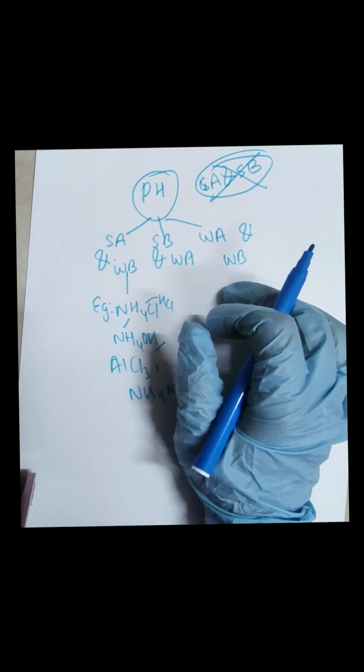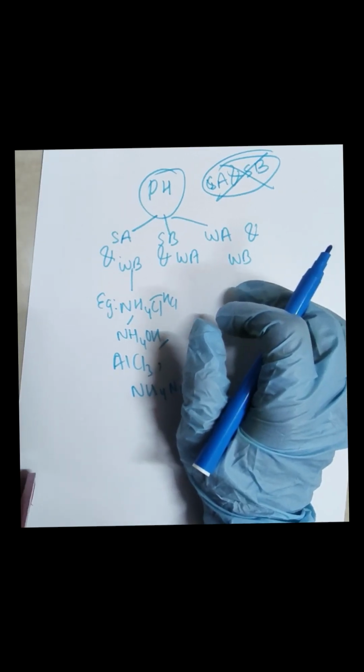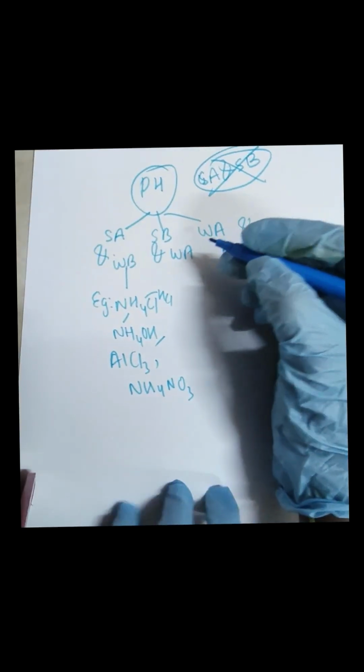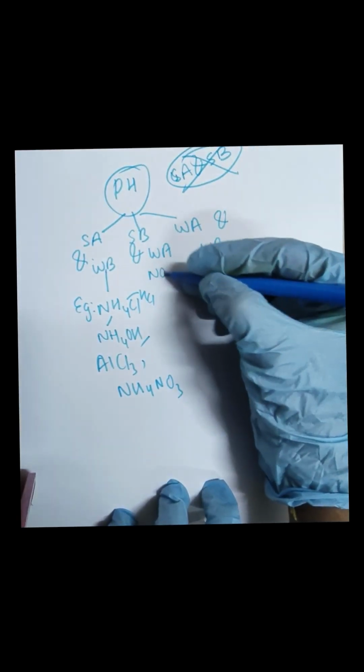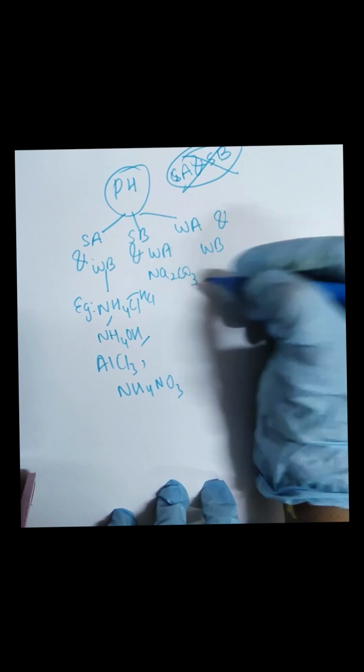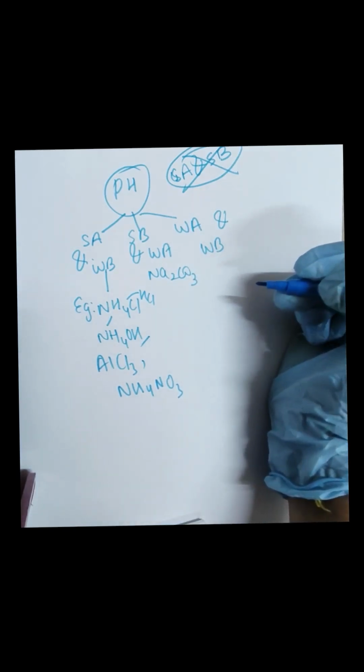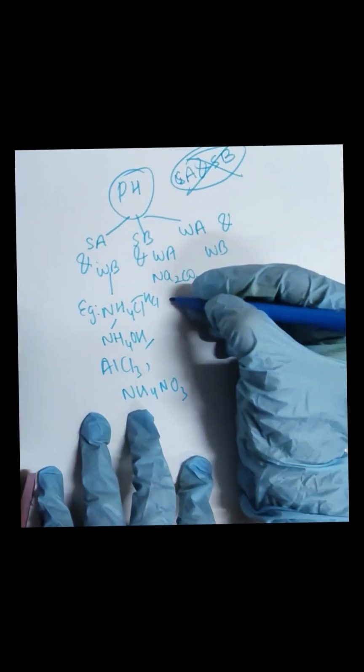For strong base and weak acid, you can give example as Na2CO3, very famous an example. Na2CO3, sodium carbonate, right? Then you can also say K2CO3 or sodium acetate also.